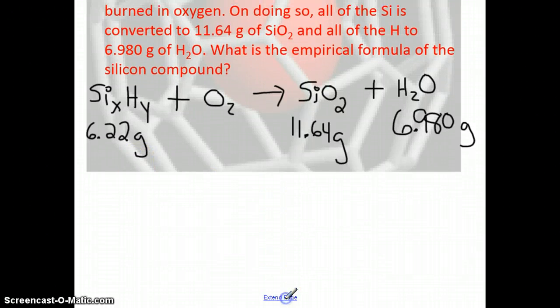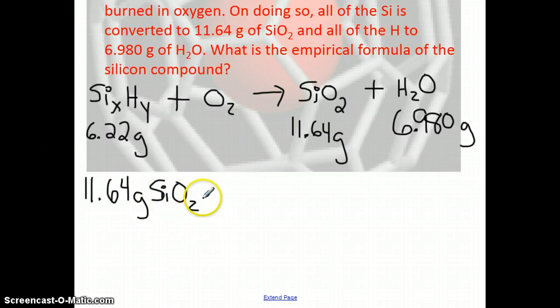All right, so we have our basic information written down. We want to take the known amounts that we produced and try to bring them back to just Si and H respectively. So we're going to take this 11.64 grams of SiO2, and we're going to use stoichiometry to get it back to just Si.